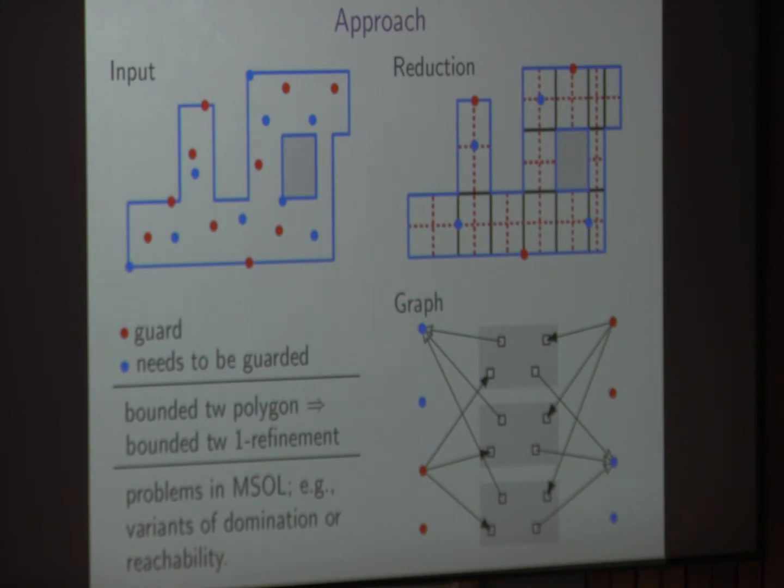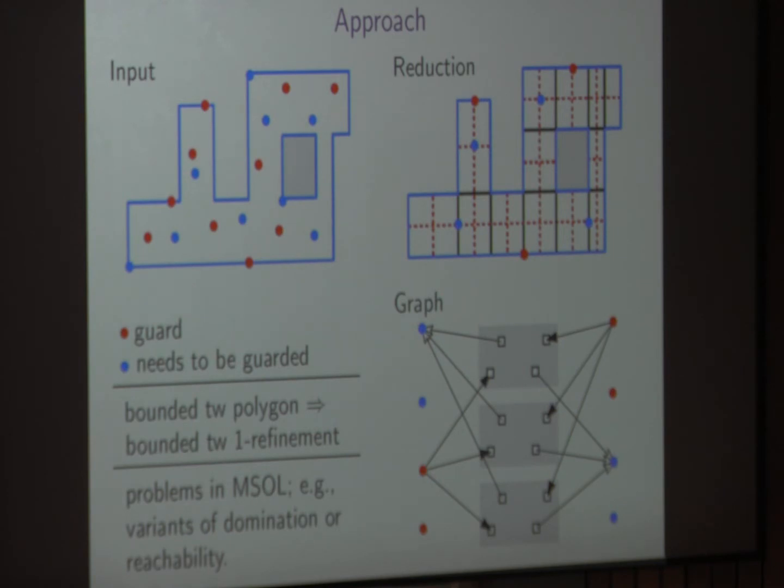And what is interesting, or what is important about that problem is it can be expressed in monadic second order logic, or MSOL, which is something that we need, because if we can express a problem in this logic, then we can solve them in linear time using Courcelle theorem if the graph has bounded Treewidth. Okay? So that's basically the somehow big picture of how we want to tackle this.